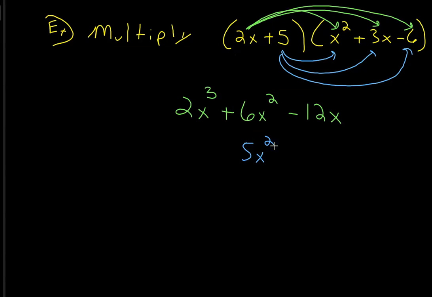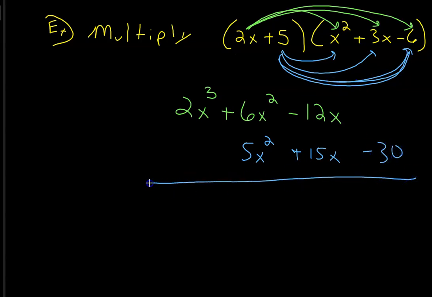And 5 times 3x is going to be 15x. So they're going to be like terms. And then 5 times negative 6 should be negative 30. So usually, if the polynomial is written in the right form, like it goes squared to the first constant, they usually line up like this, like what we have here.